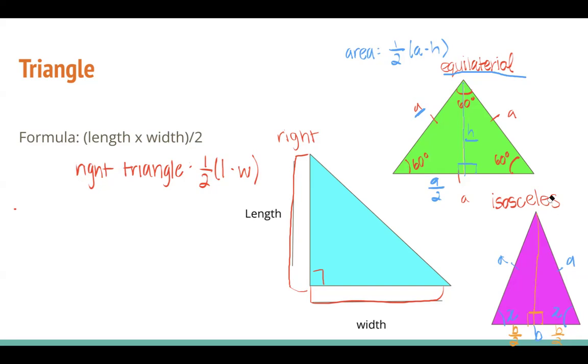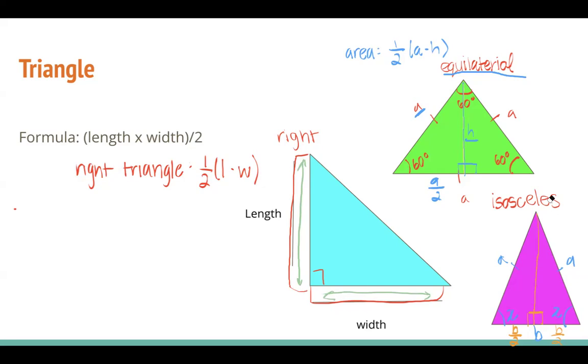So with a right triangle, it's pretty straightforward when you want to find the area. You just do this side, this length, times this width, and that would give you your area. Or you do 1/2 of that to get your area. Does that part make sense for the right triangle? Yes.